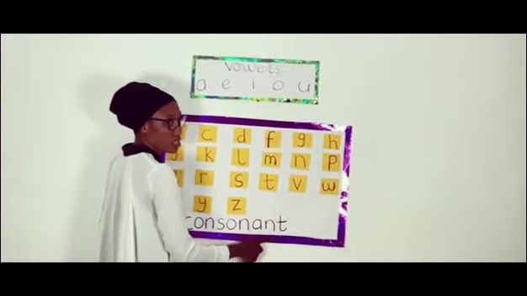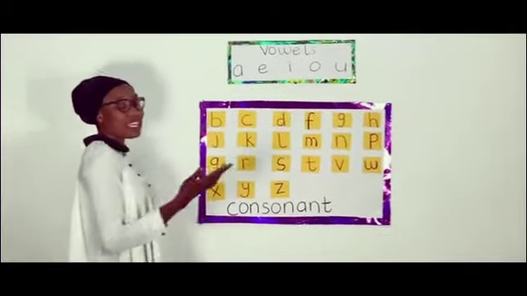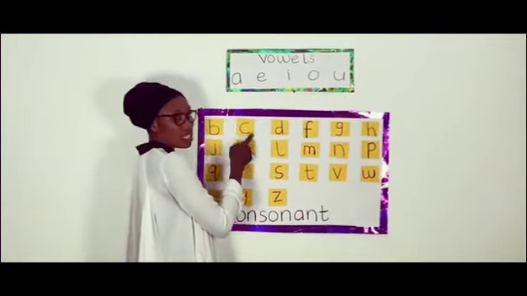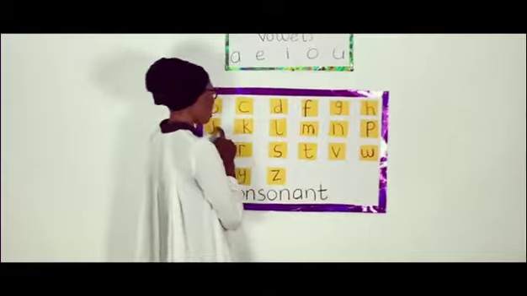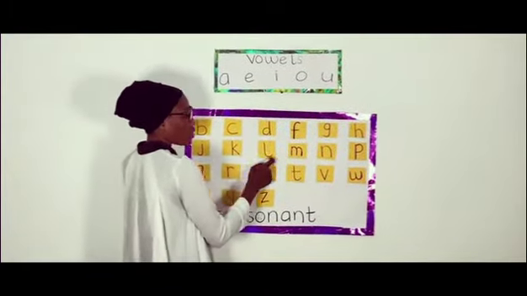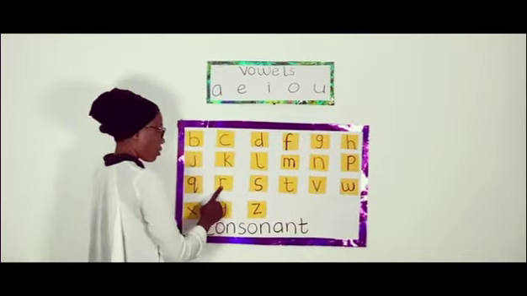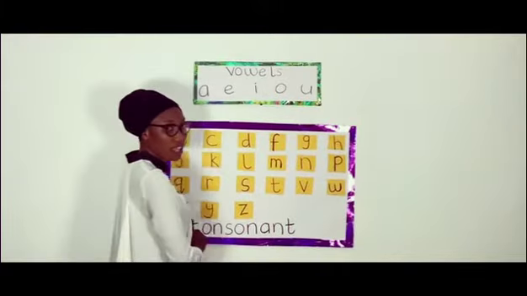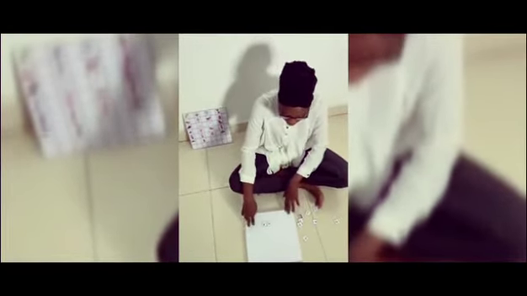You can also explain to the child by using the letter name for the consonants. That is B, C, D, F, G, H, J, K, L, M, N, P, Q, R, S, T, V, W, X, Y, and Z. We are going to start blending our 2-letter words.